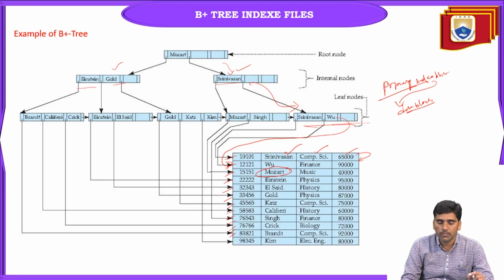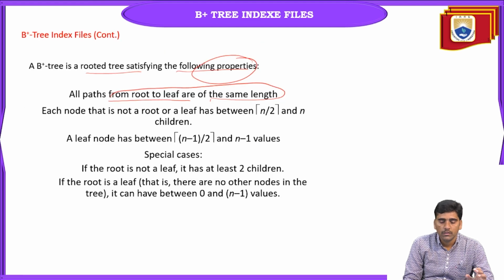Root to leaf node means, this is the root and these are the leaf nodes. All paths from root to leaf node should be the same length, and each node that is not a root or a leaf has between n/2 and n children.